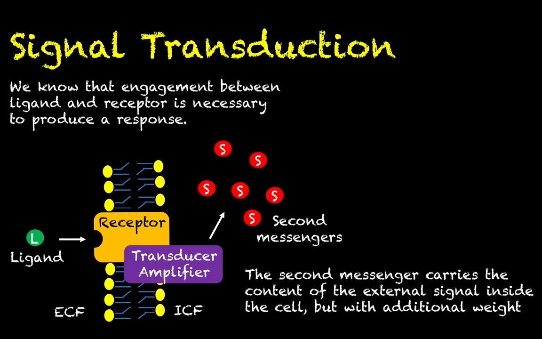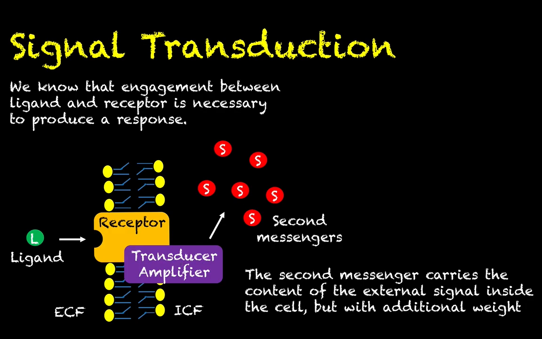So the idea here is that, in particular, the transduction and amplification portion of this is going to lead to the production of what are called second messengers. Second messengers are chemicals that are rapidly produced inside the cell not long after the ligand binds to the receptor. Very often, these second messengers are produced by enzymes that are activated through the transduction process.